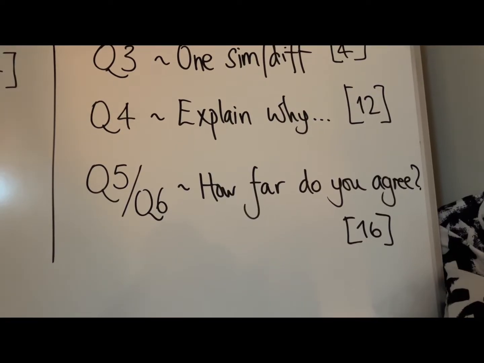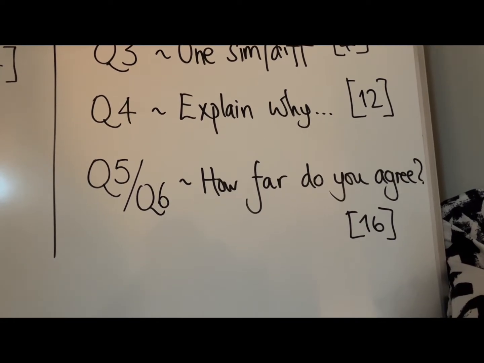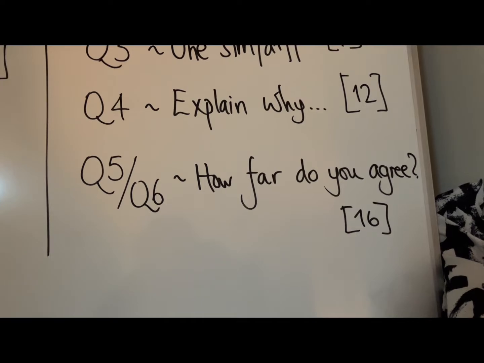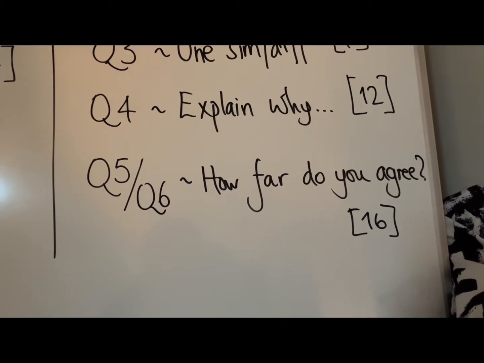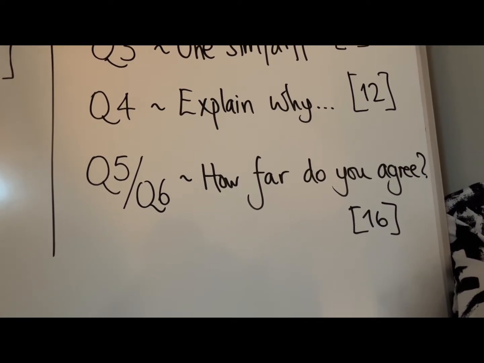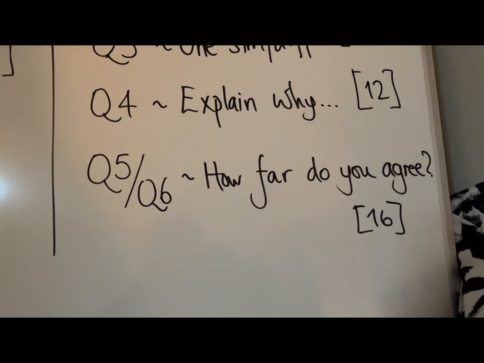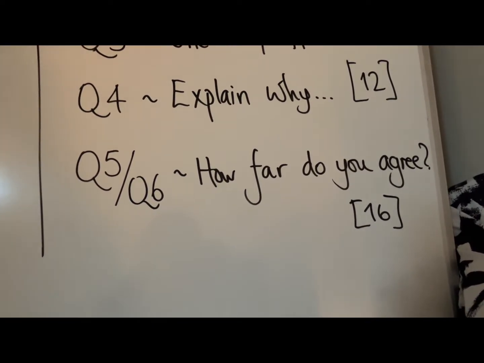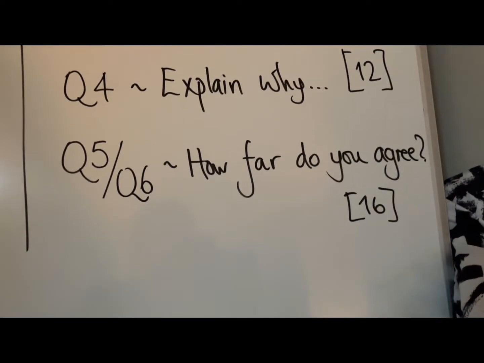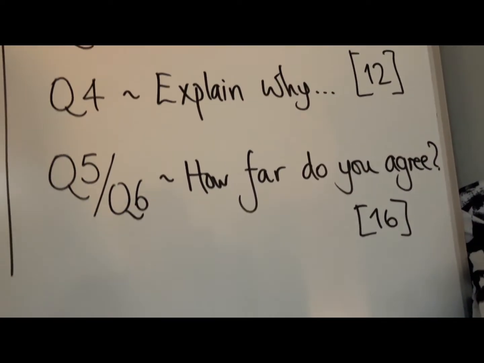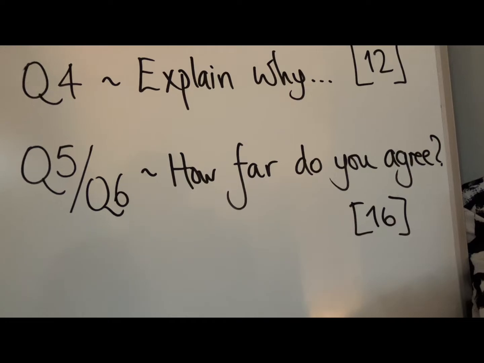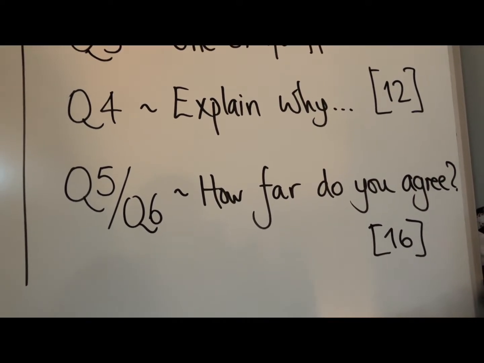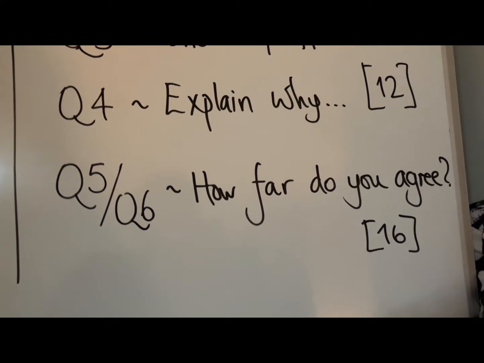So let's start with question 5 or question 6. Remember, it's an either or option, and one of them, historically, is slightly more difficult to do than the other. If you like, this is the bastard question. It's always going to ask you, how far do you agree? So there will be a statement, and then your job is to give 3 factors or reasons why the statement occurs.